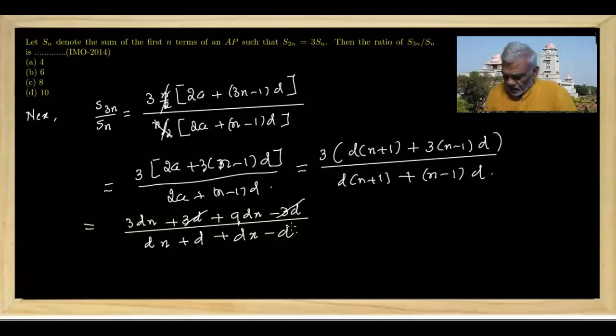In the denominator, minus d and plus d is getting cancelled. 3dn plus 9dn is equal to 12dn. In the denominator, it is going to be 2dn, and dn is cancelled. 12 divided by 2, that is 6. Our solution is 6. The answer is B.